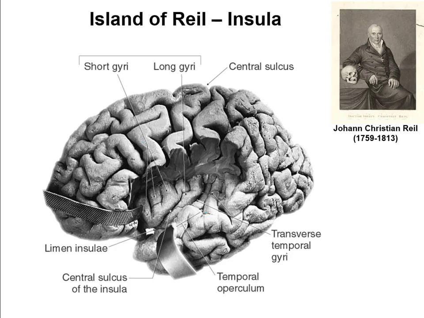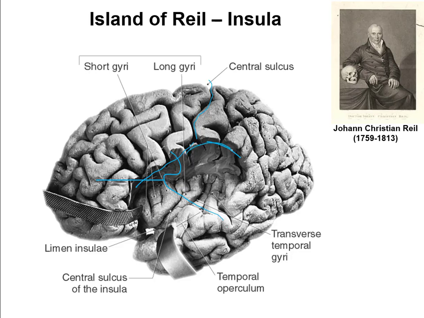Here we've pulled open that Sylvian fissure and actually cut away the inferior portion of the frontal. Okay? If this is central sulcus right here. Here we've cut away some frontal lobe. Here we've cut away some, what? Parietal lobe. And you can see that from the temporal lobe, you go in and there's this huge sheet of cortex here that then connects back up.